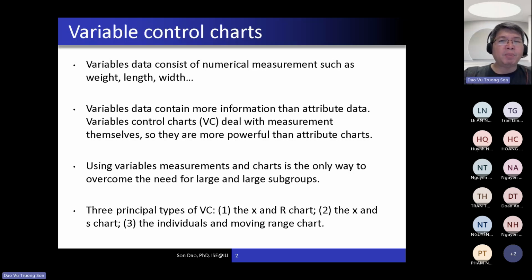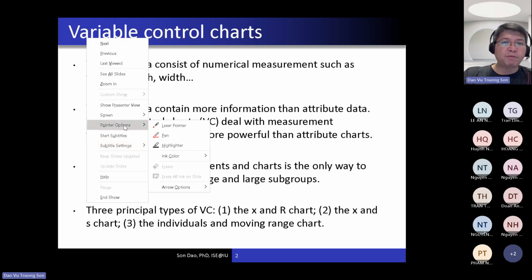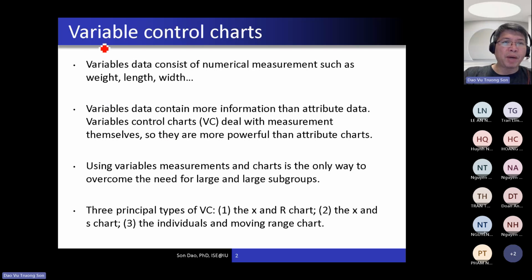So what does it mean, variable control charts? As you are already familiar with the term variable, basically we will measure something. So this means these are always quantifiable. It doesn't just mean we count something, but something will have a measurable unit.